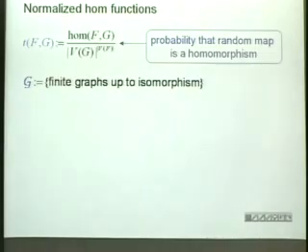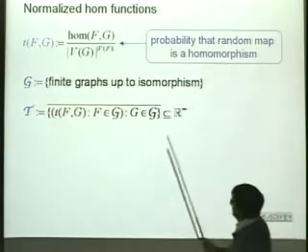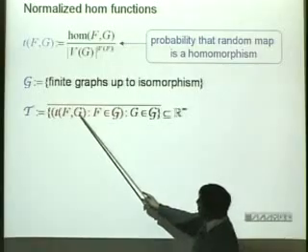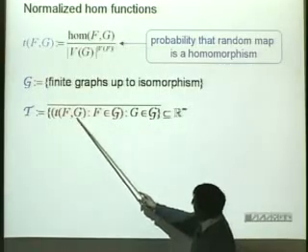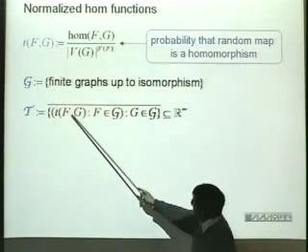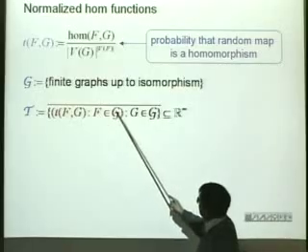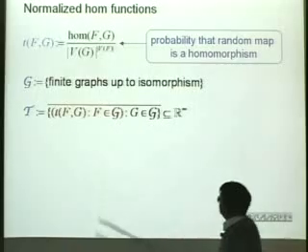Let script G denote the set of all finite graphs up to isomorphism. And now let's look at the following set. For every graph G, I look at these numbers t(F,G), and I let F go through all finite graphs.